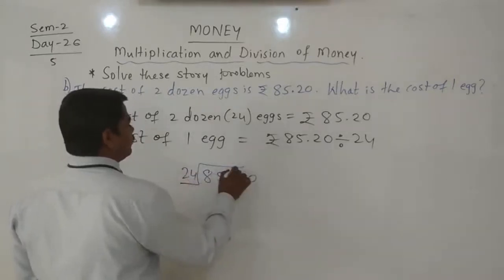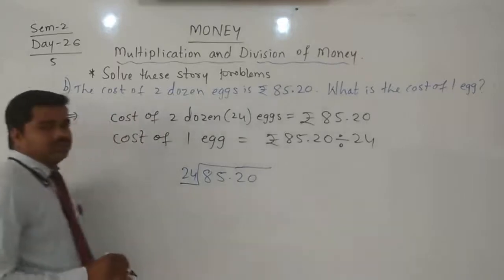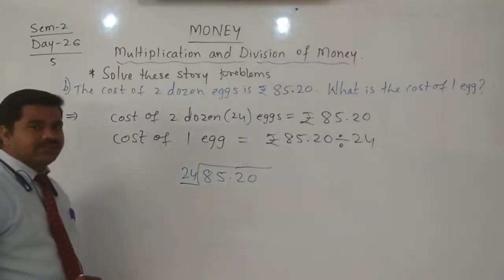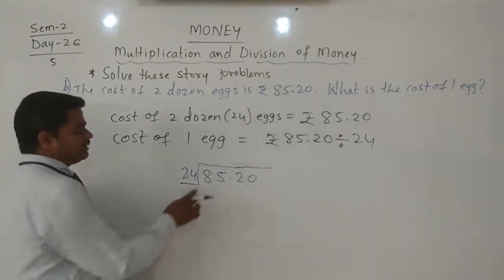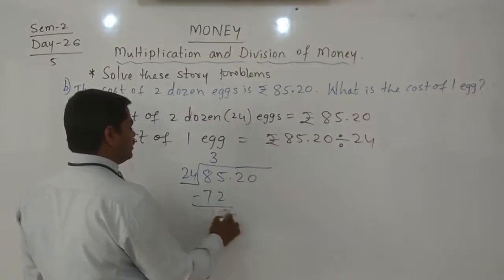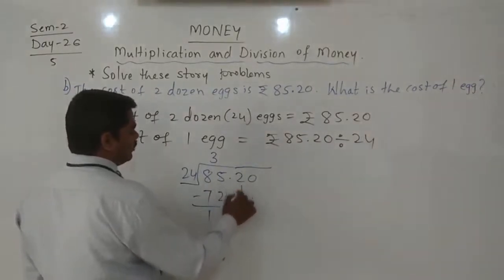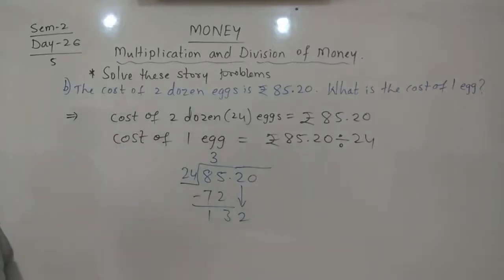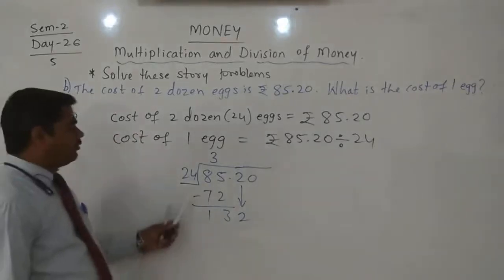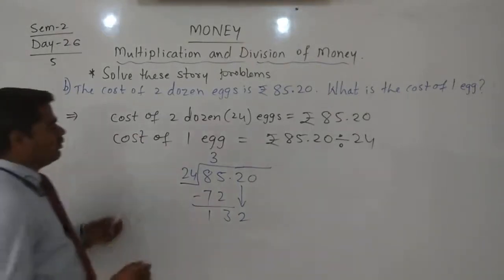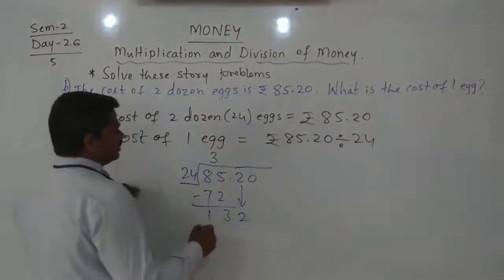24. 24 3s are 72, 2s are 48, 3s are 72, 4s are 96. It is bigger, so we take 3s are 72. 3 remains, back 1. Bring down 2. 132. Then we find 24 4s are 96, 24 5s are 120.